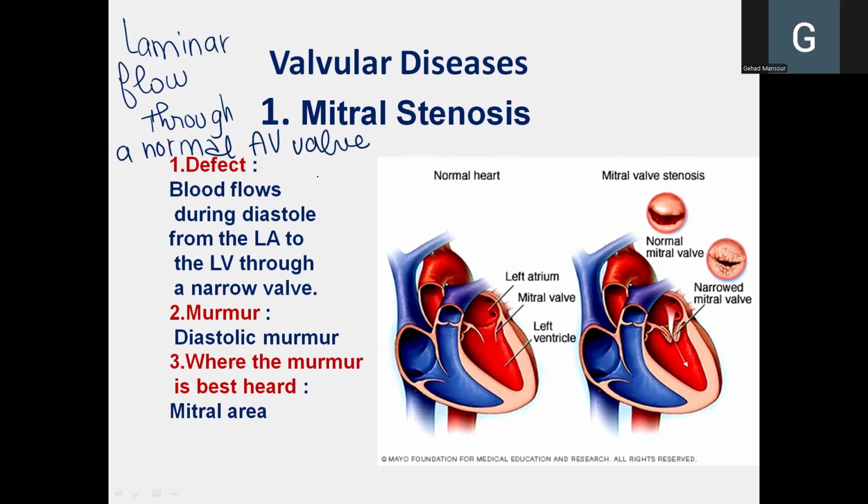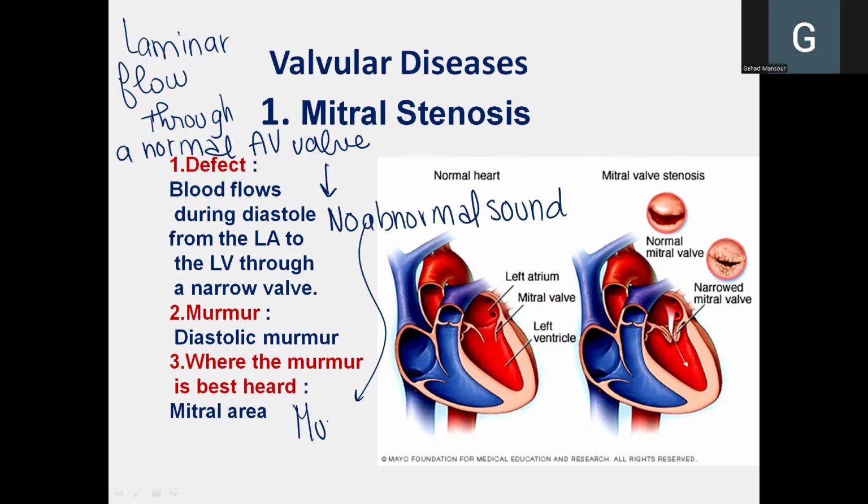And when we have a laminar flow, there is no abnormal sound that is heard, no abnormal sound that is superimposed on the first heart sound and on the second heart sound. The abnormal sound that is superimposed on S1 and S2 is called a murmur.